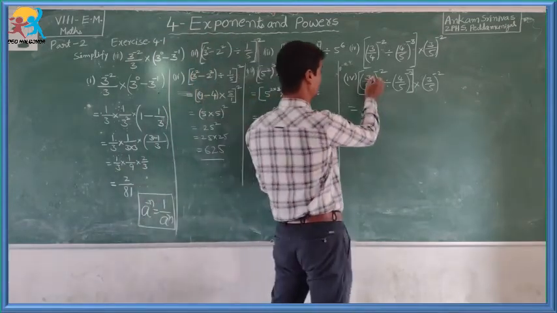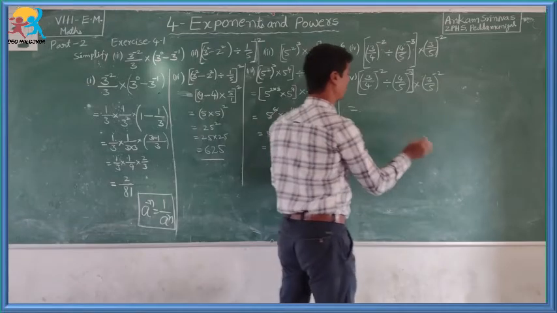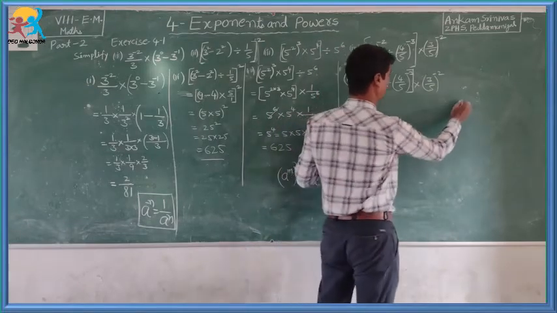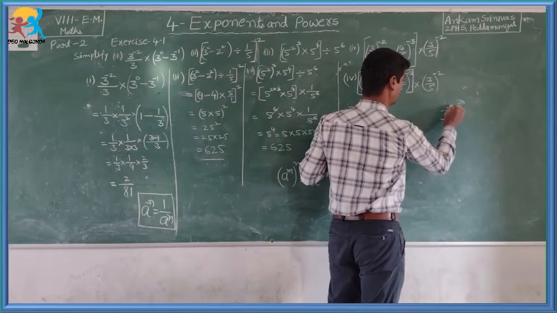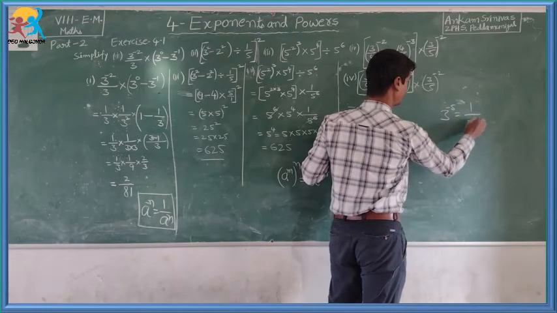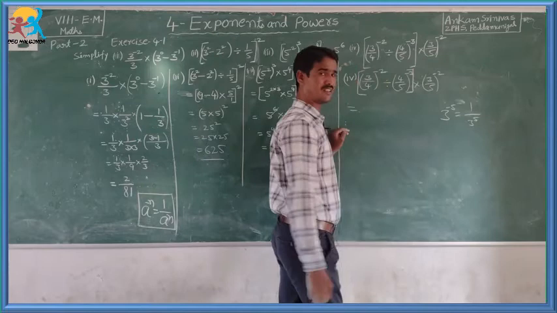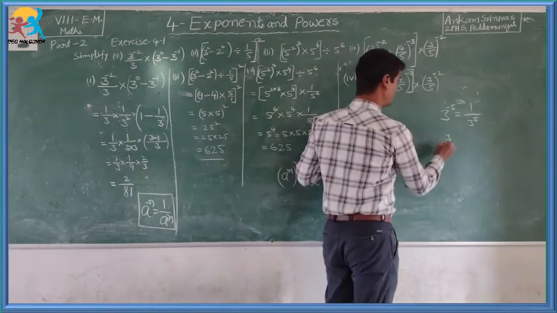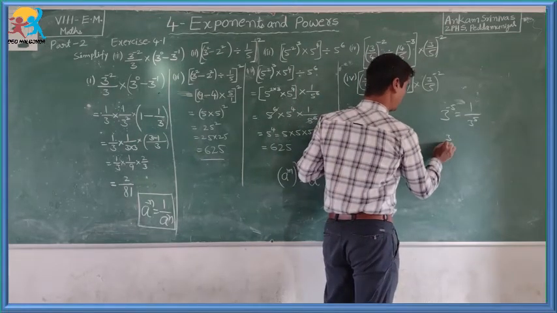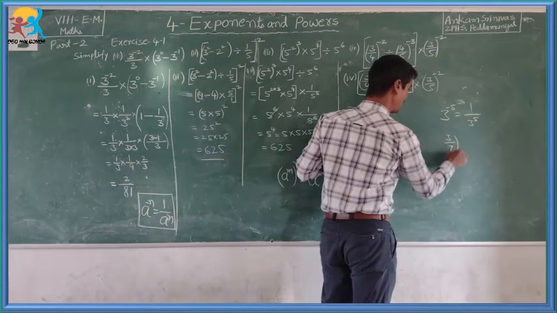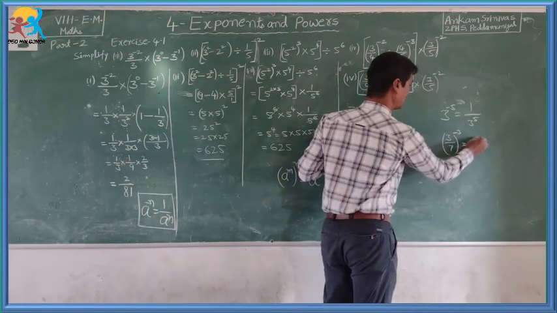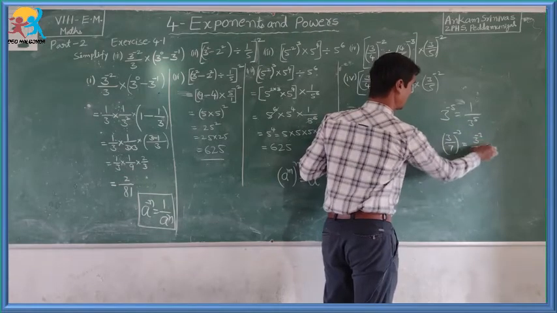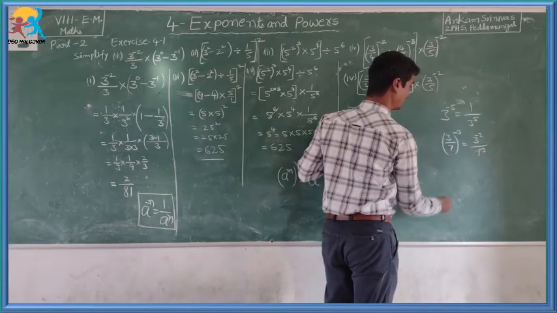So this one can be written as, we know that 3 power minus 5 can be written as 1 by 3 power 5. Yes or no? So 3 by 7 whole power minus 3 can be written as 3 power minus 3 by 7 power minus 3.